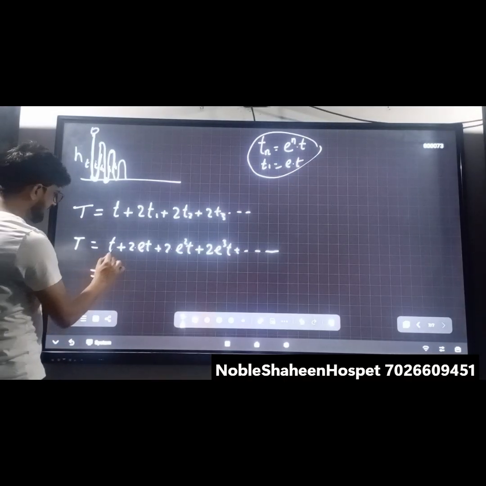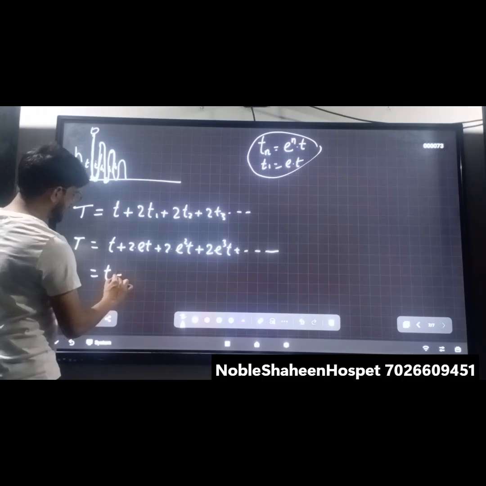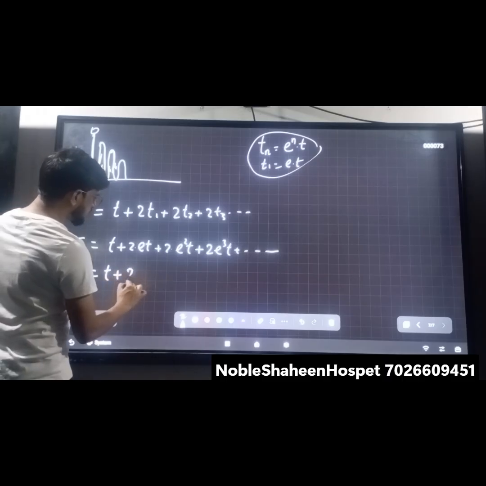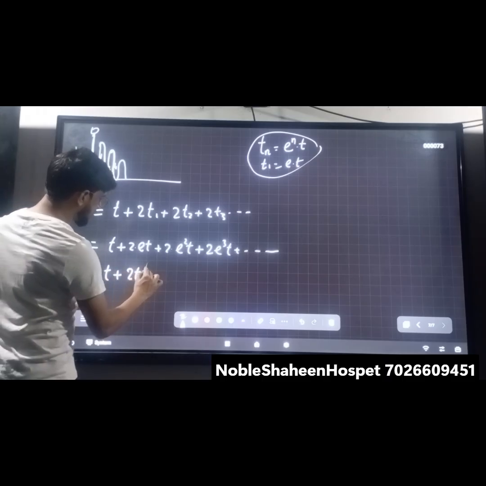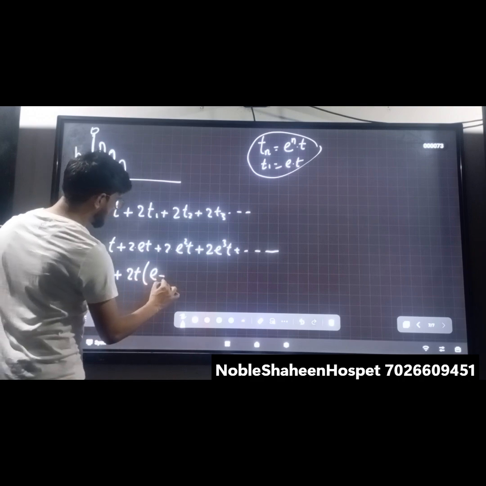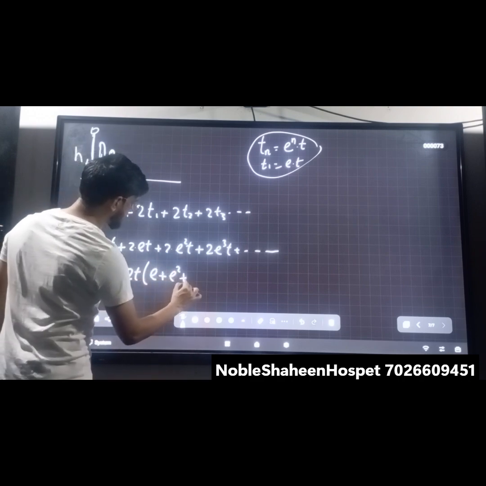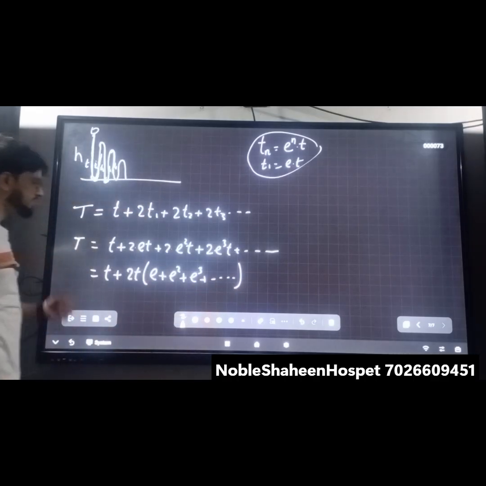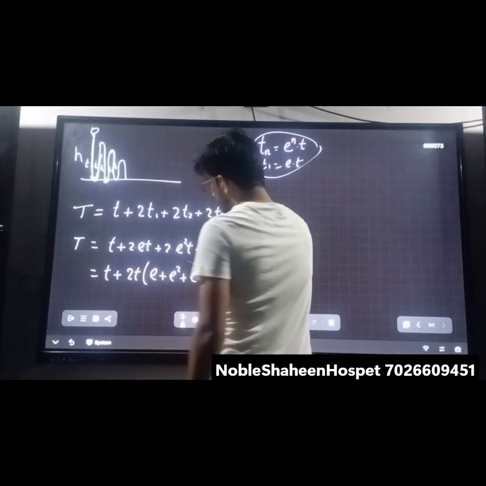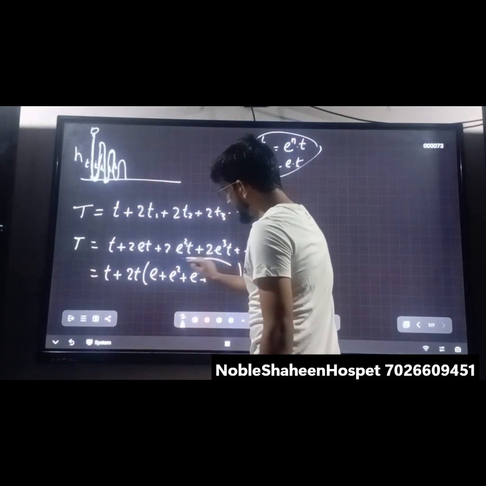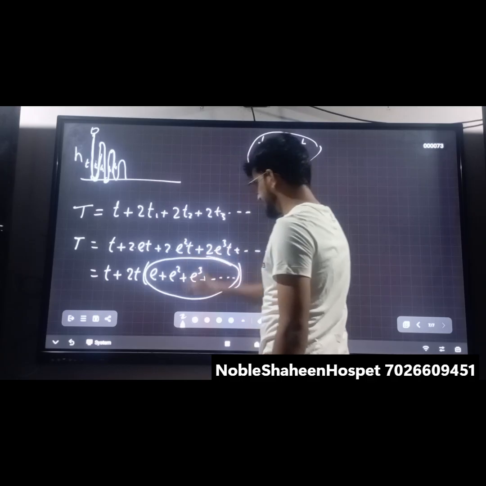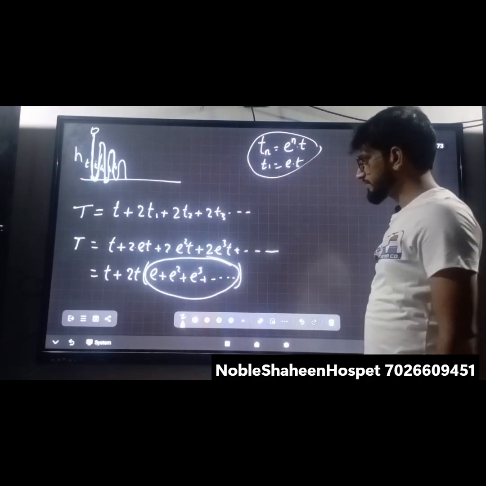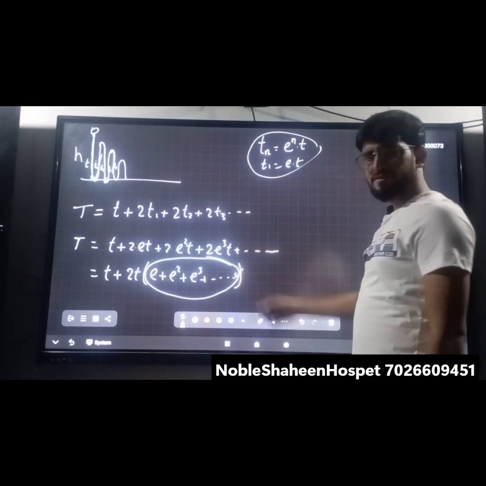Now if we take t here, plus 2t common, then it will be e plus e square plus e cube and so on. Now we can easily see that this expression is a geometric series.